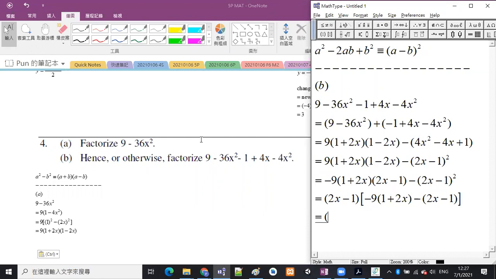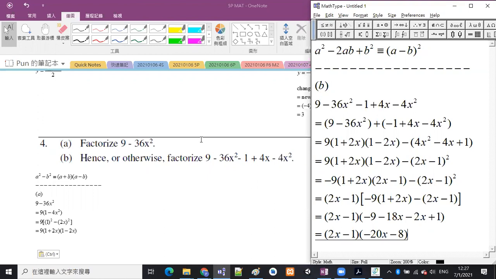差唔多完㗎啦。因為通常抽埋呢個 common factor 出嚟之後，化簡埋後邊嗰啲嘢就會完㗎啦。It's negative 9 minus 18x minus 2x plus 1. Okay, and then it is 2x minus 1 times, it is actually negative 20x minus 8.